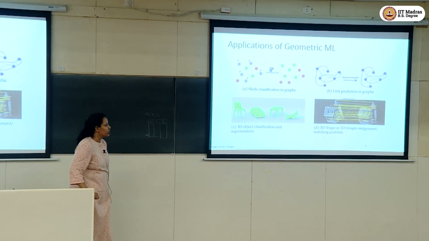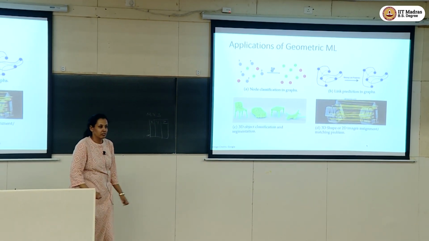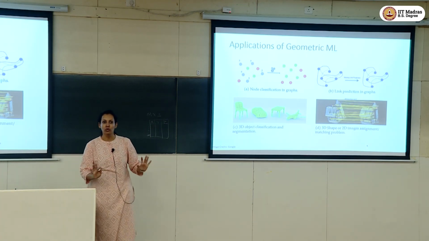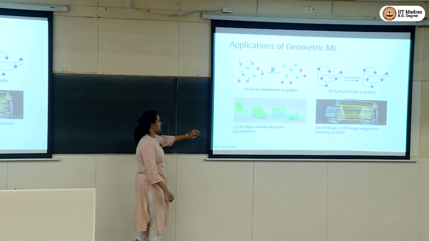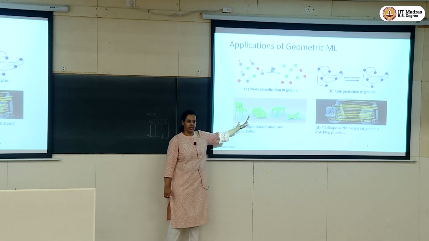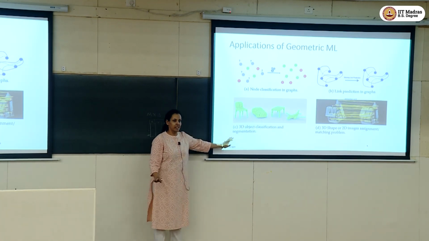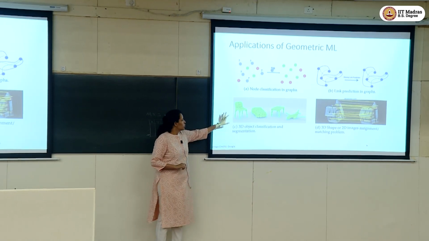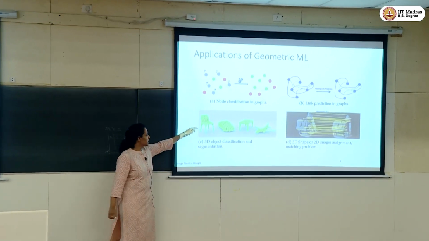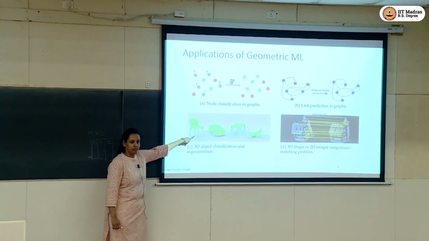Now you say, can you do a classification or segmentation here? Classification is object classification, the simple classification that all of you know. You want to classify that there's a chair, a car, a table, an aeroplane, right? Segmentation is another task where you segment their parts. You say, okay, this is the leg of the chair.